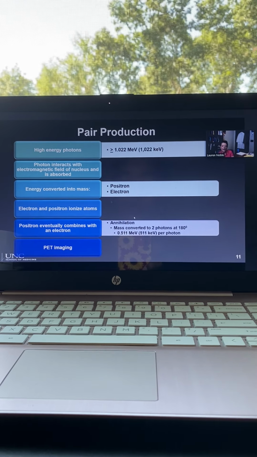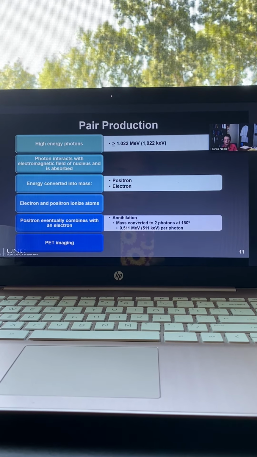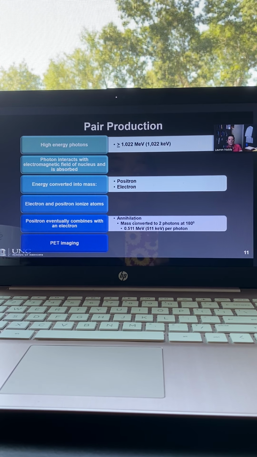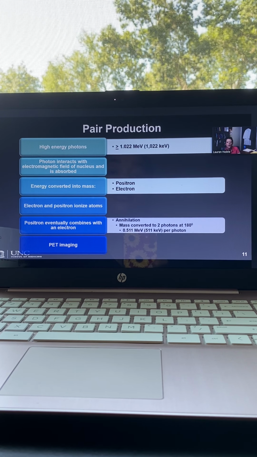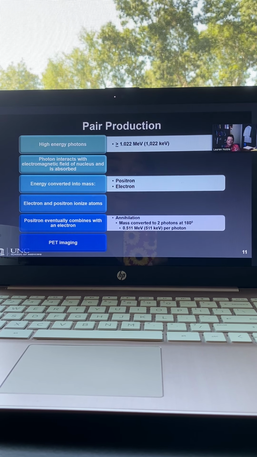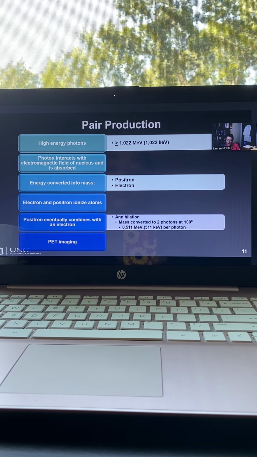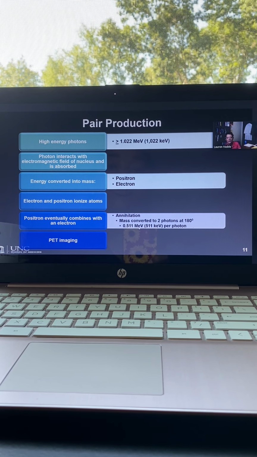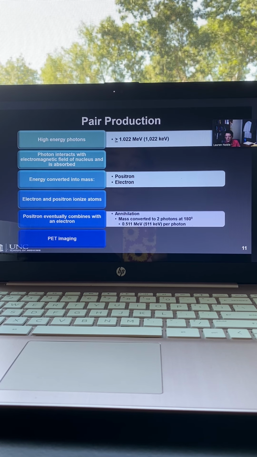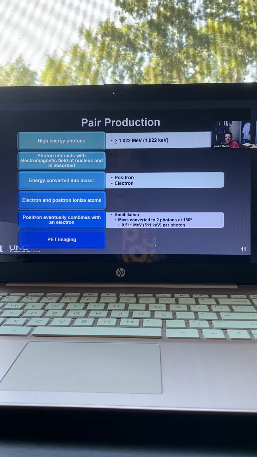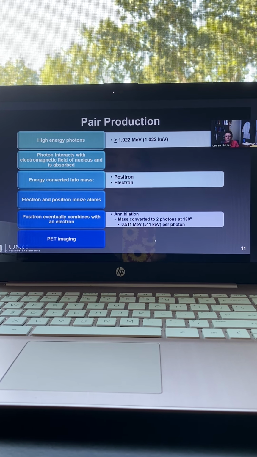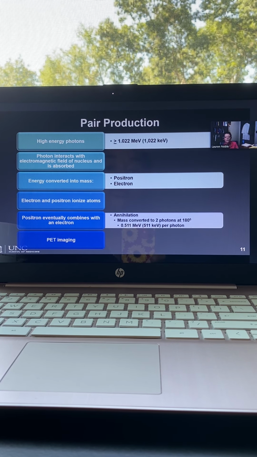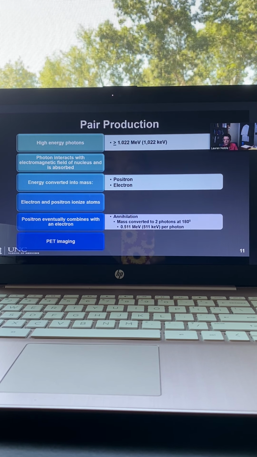They collide in an annihilation event, and get converted back into two X-ray photons that split the energy. 0.551 mega electron volts is half of this. So you start with one photon, it becomes two particles, those collide, and you end up with two photons that split that energy.